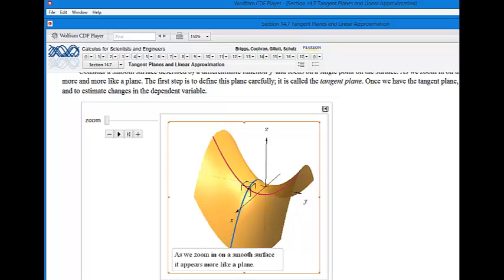Because when you zoom in on a curve, it starts to look more and more like what? A line. Unless you're at a cusp.